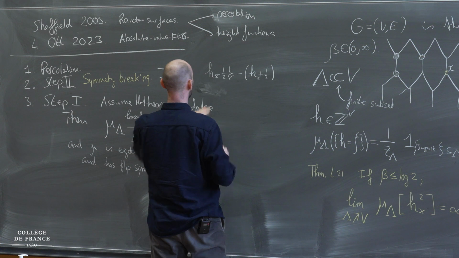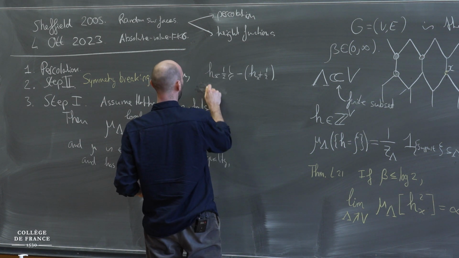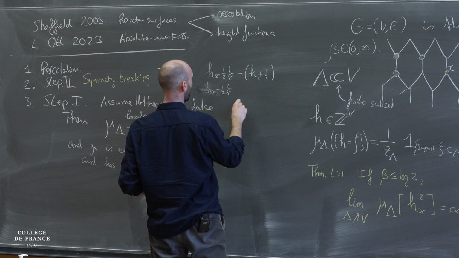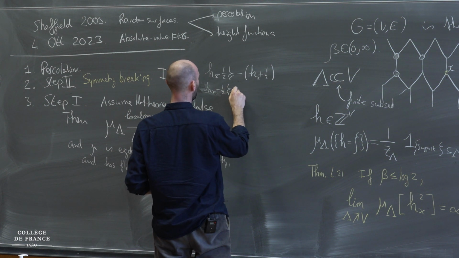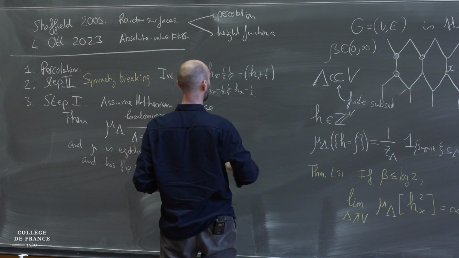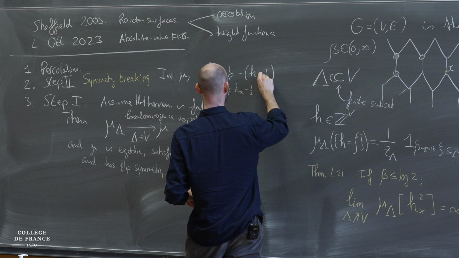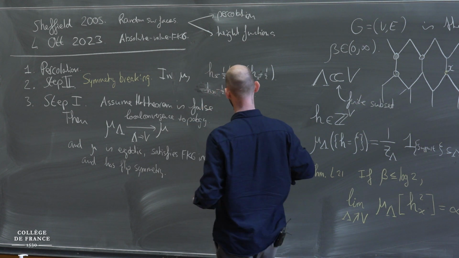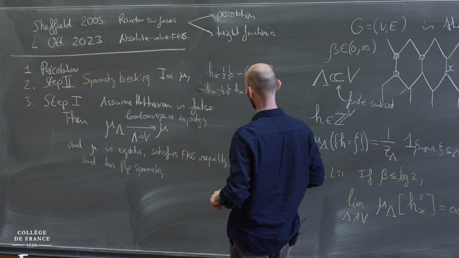So if you have this, then you also have h_x minus 1/2 is greater or equal than h_x minus 1/2. I think maybe there should be a minus here. Then you get a plus.